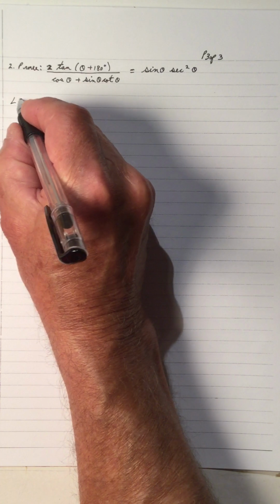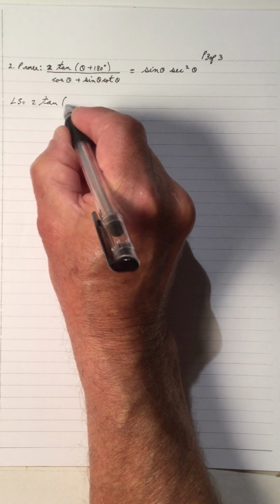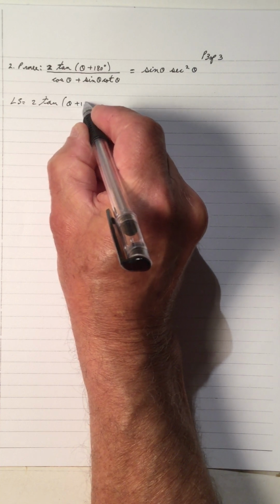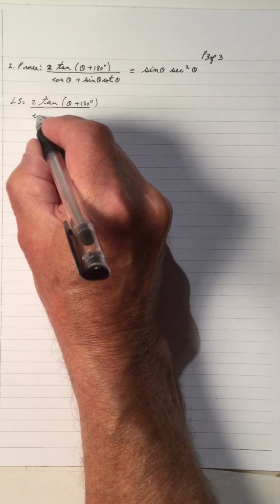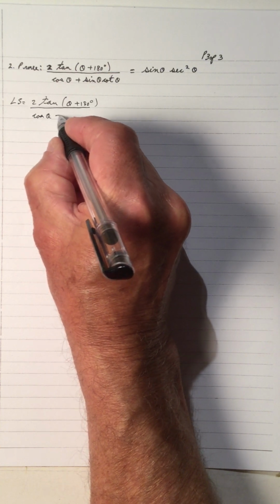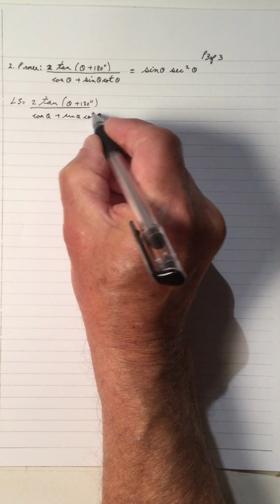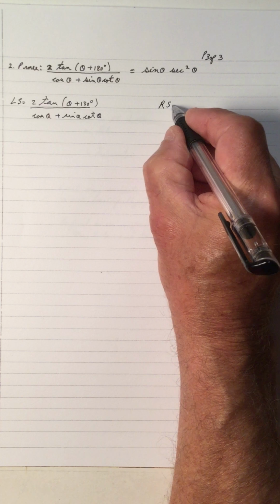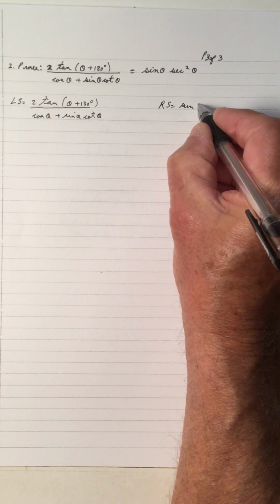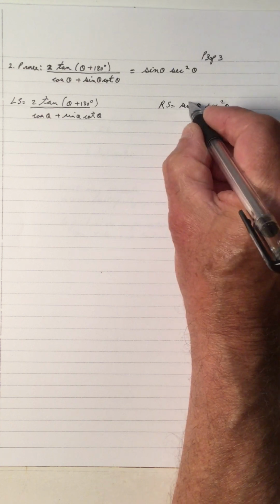So let's break it up into left side, which is 2 tan of theta plus 180, over cos theta plus sine theta cot theta, and the right side is sine times secant squared.